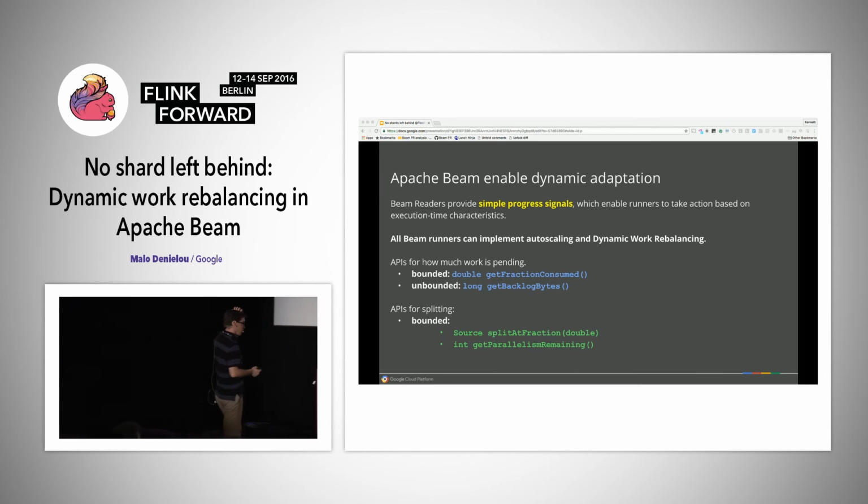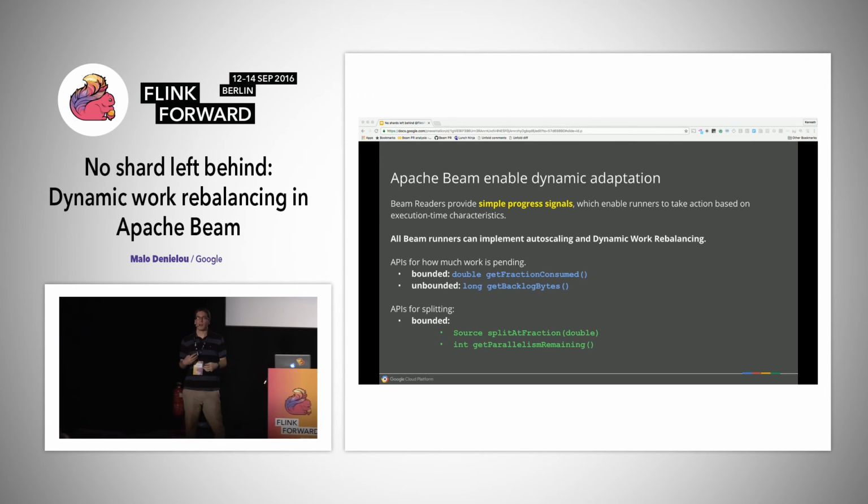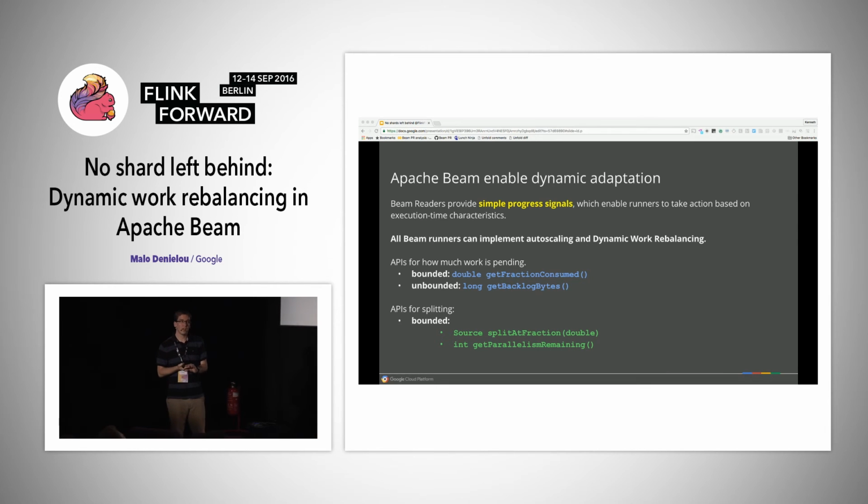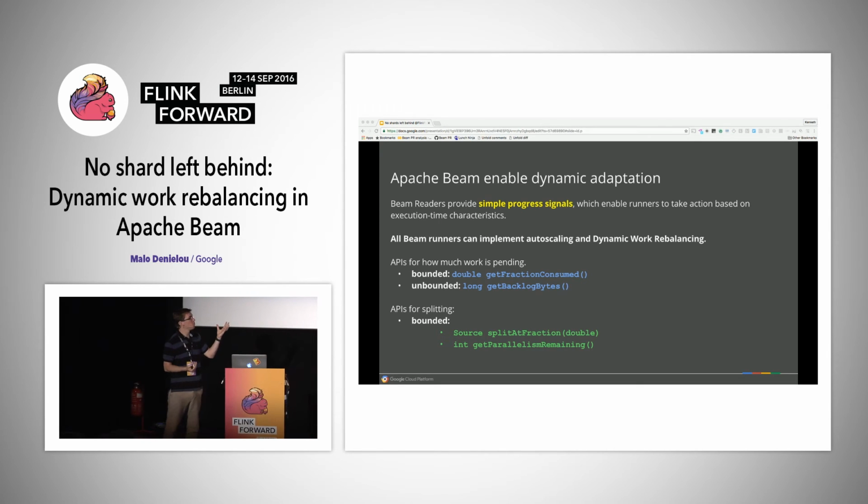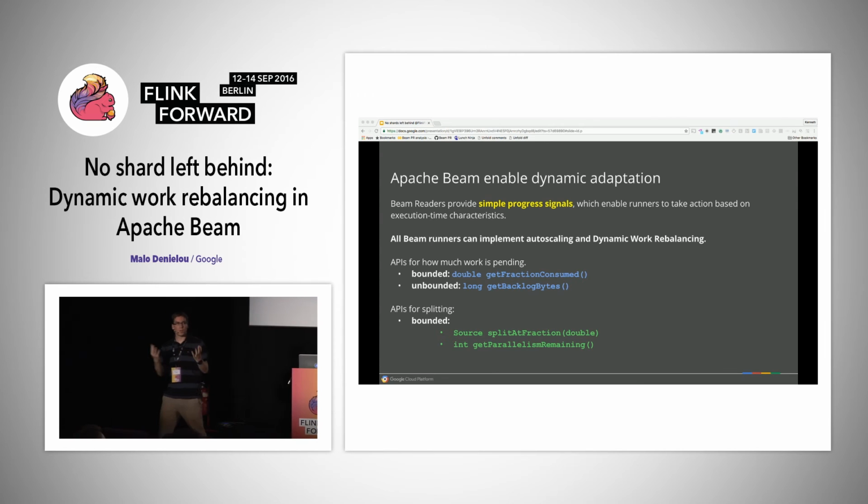So we have this method that allows you to tell the runner how much parallelism is left in my source. And this tells the runner, okay, if my parallelism is only 100, there's no need to bring any new worker, because if I bring a new worker, it will never get work, even with dynamic work rebalancing, okay? So getParallelismRemaining is the method that allows autoscaling to scale up and find the actual limit in the parallelism of your data without you having to specify it.